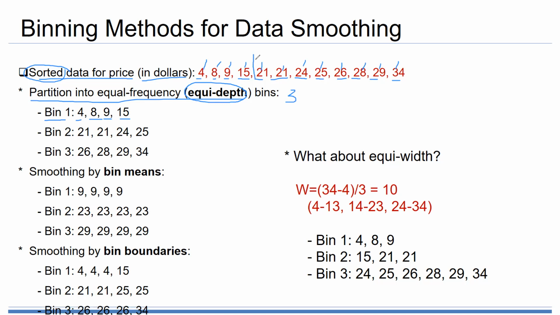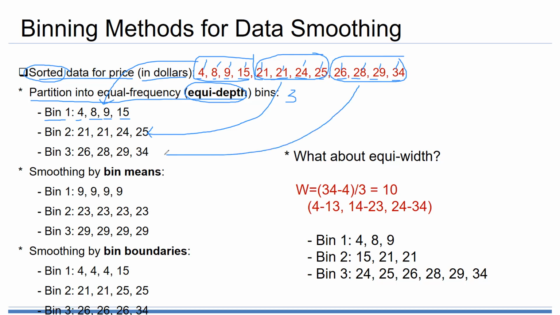Then the first bin will be 4 data, the second bin will be another 4 data, and the third bin will be the last 4 data. So this bin will be 4, 8, 9, 15. The second bin, bin number 2, will be 21, 21, 24, 25, and the third bin will be 26, 28, 29, and 34.